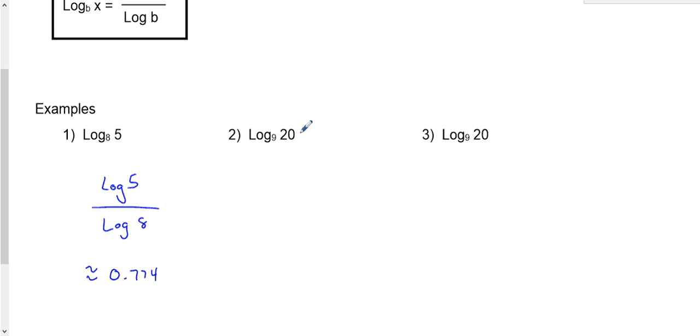With log base 9 of 20, we will have log of 20 is the large number over the base, which will go to the bottom, log of 9, and you do log of 20 divided by log of 9, and you will get a number approximately equal to 1.36.